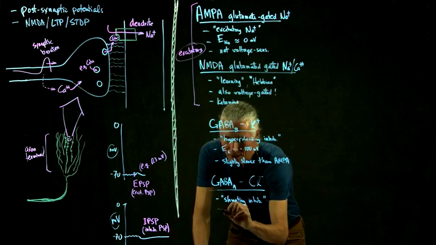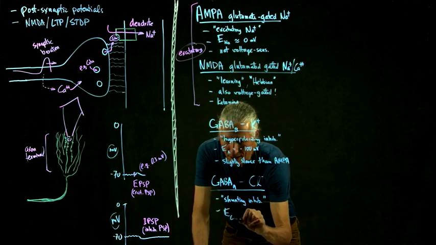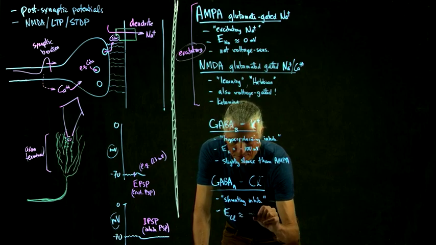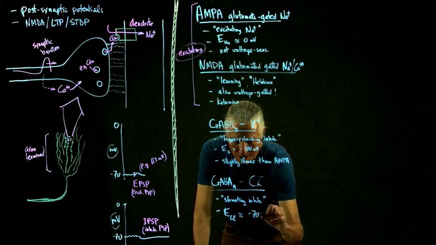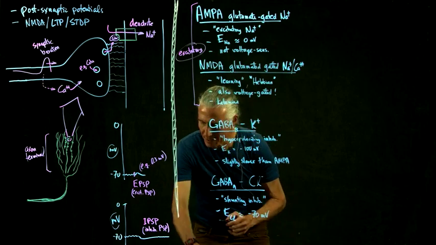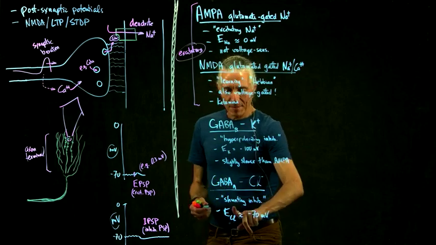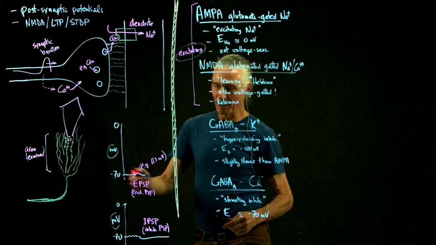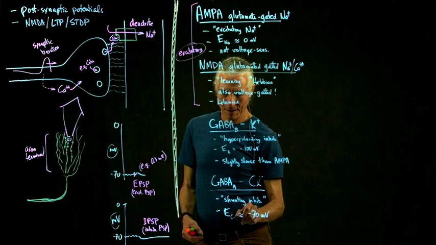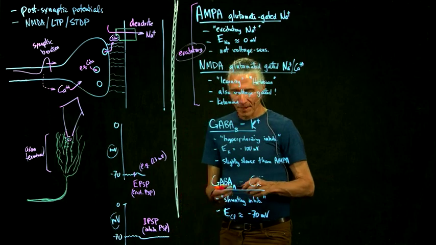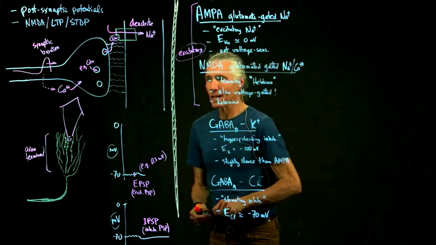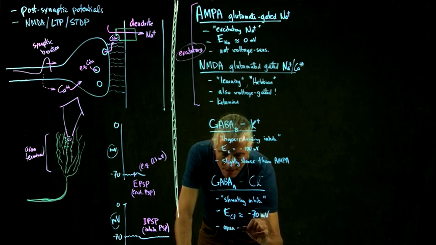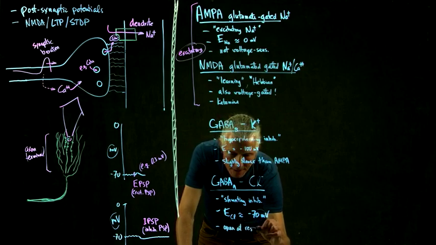If we look at the reversal potential for chloride, it's about equal to rest. So think about what that implies. It means it's not trying to drive you below rest, it's just trying to drive you to rest. So if you open this channel at rest, nothing happens. Open at rest, no effect.